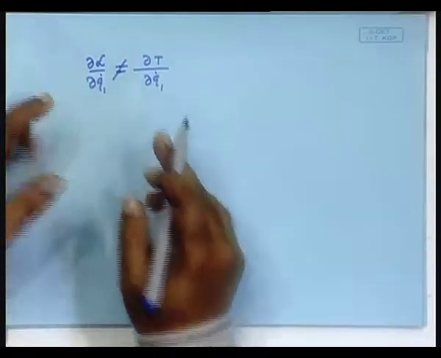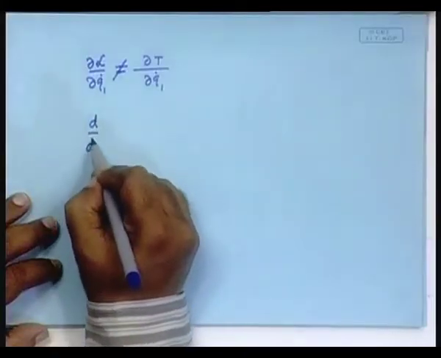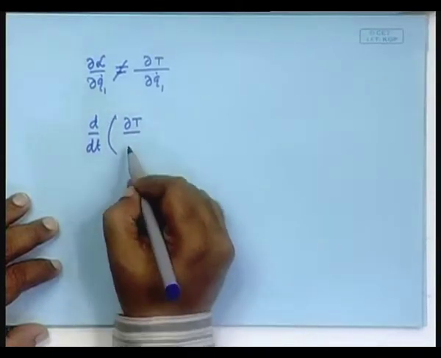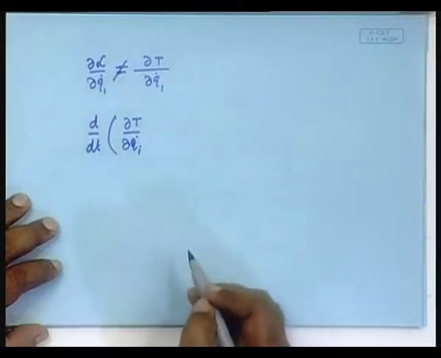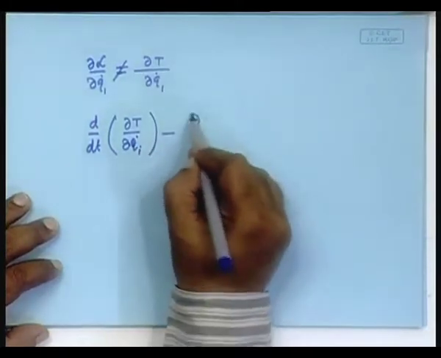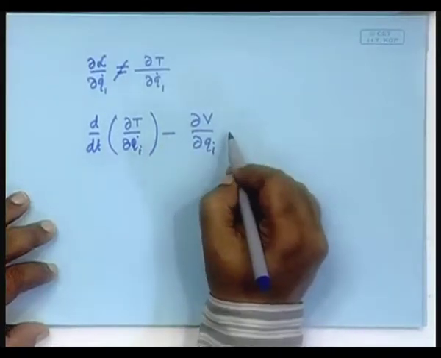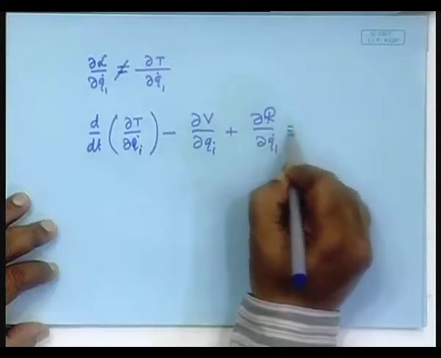Where did we use it? At one stage we had obtained the Lagrangian equation as d dt of the derivative of T with respect to q I dot, minus derivative of V with respect to q I, plus derivative of the Rayleigh function with respect to q I dot equal to 0.